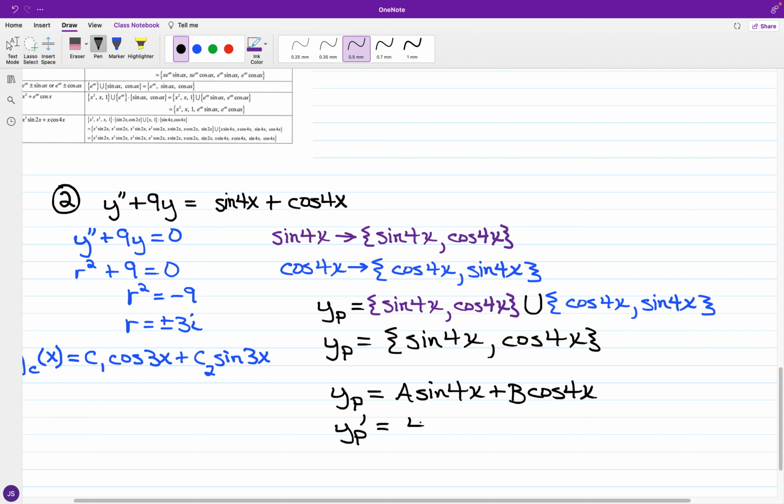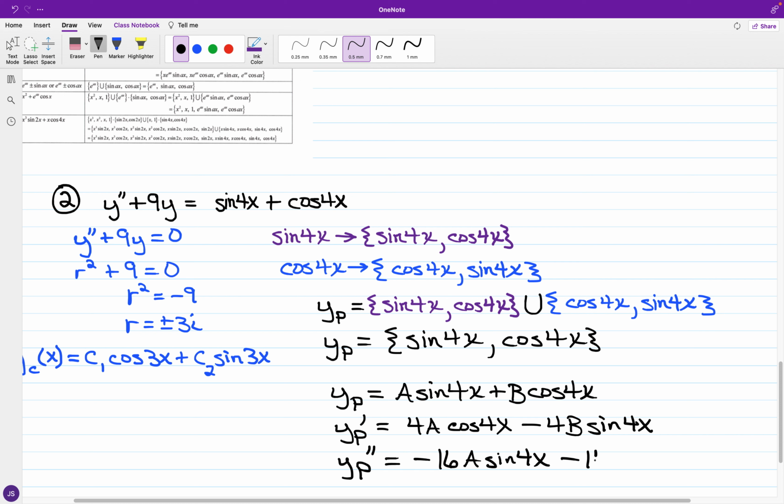So we're going to have 4a cosine of 4x minus 4b sine of 4x. And with y sub p double prime, we're going to have negative 16a sine of 4x minus 16b cosine of 4x.